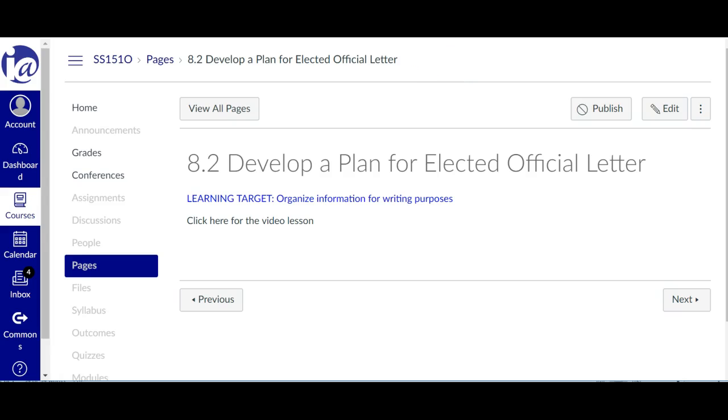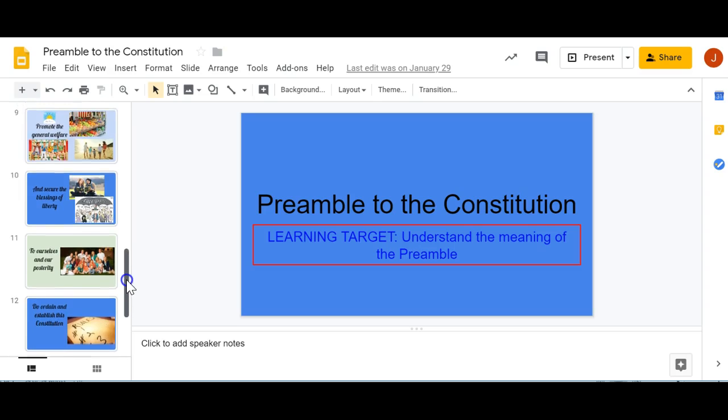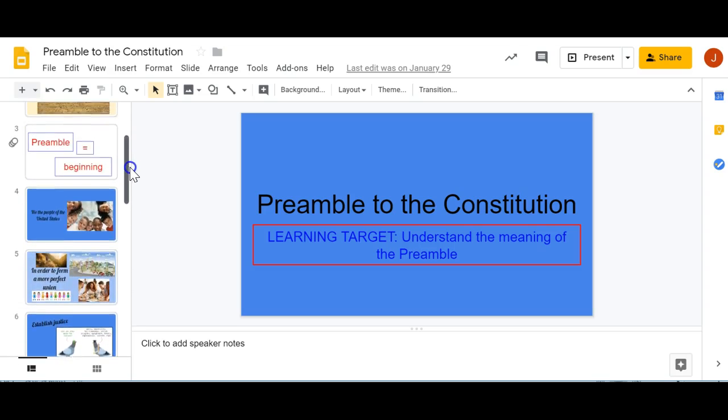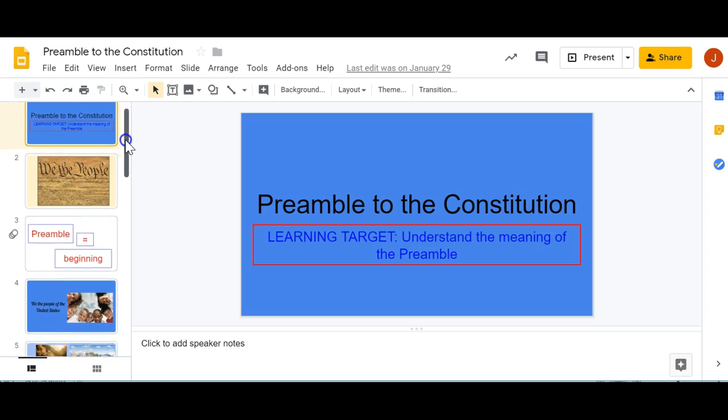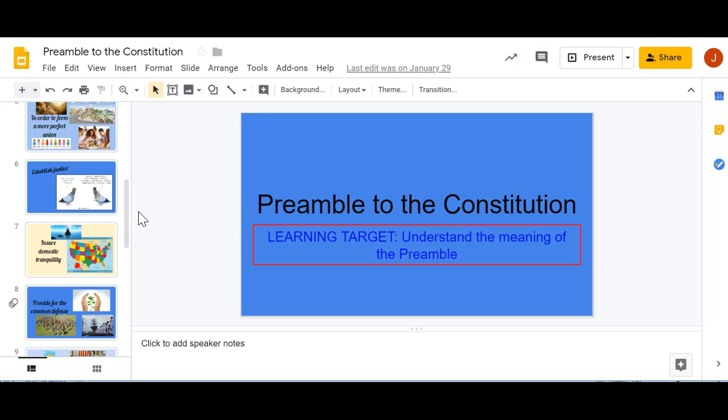So the first one is going to be the preamble to the Constitution. So we're not going to go over the lessons again, but I wanted to give your brains that refresher on what it is that we studied in the preamble. Okay, the next one is branches of government.